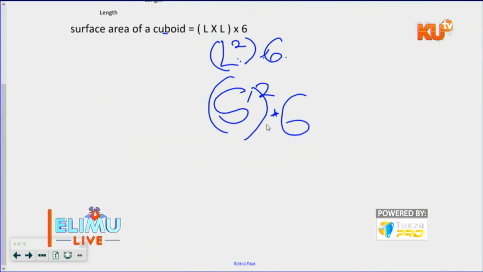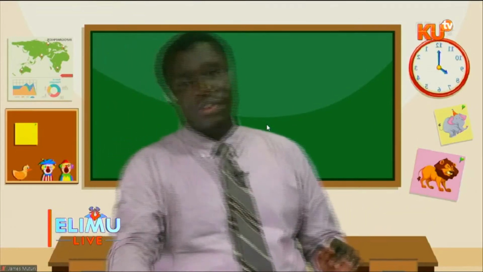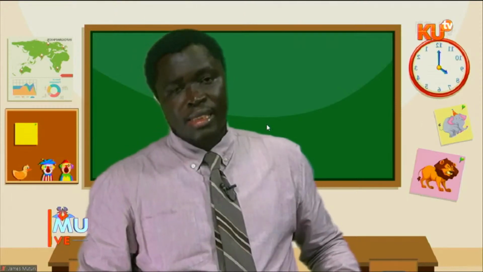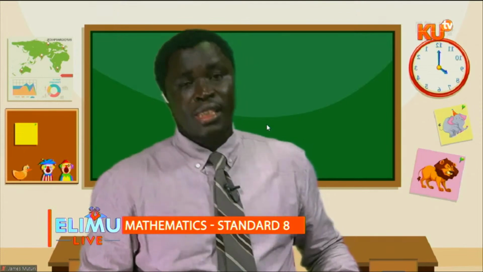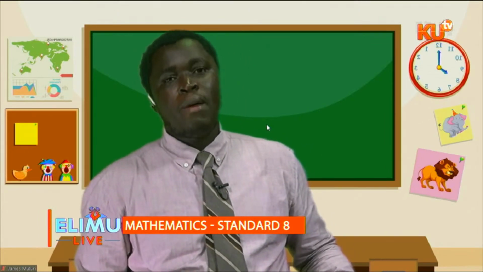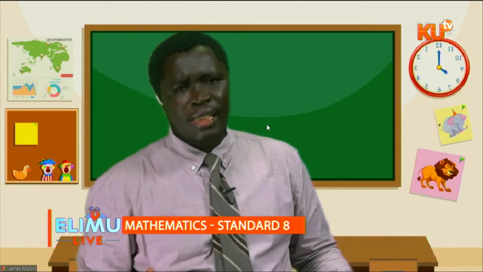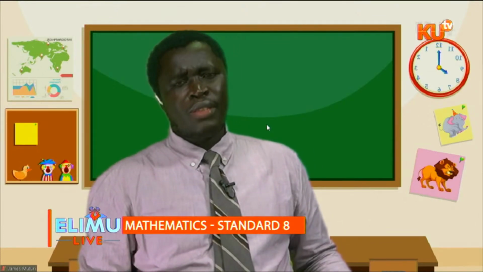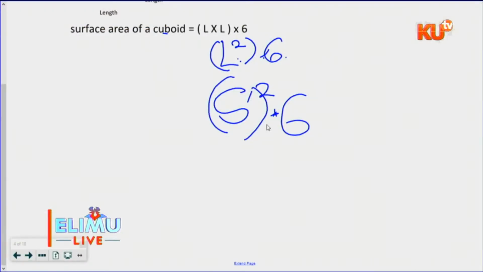And that's all in the surface area of a cube. L times L, the area of one face, multiply by 6. All those faces are the same. So get the area of 1 face, then multiply by 6. And that's all about the formula of a cube.